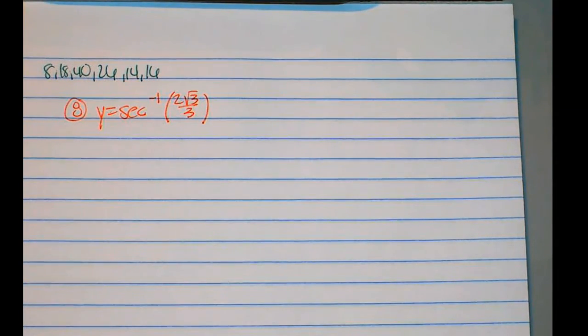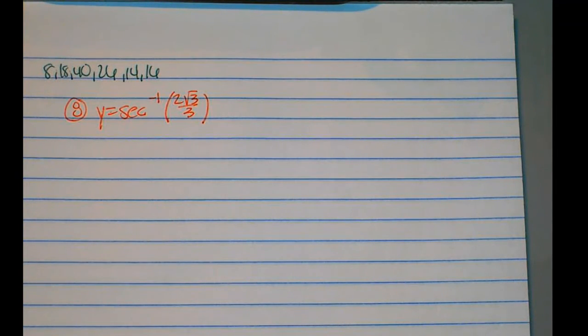8 says, y equals secant inverse 2 square root of 3 over 3. So we're looking for where secant is 2 square root of 3 over 3.